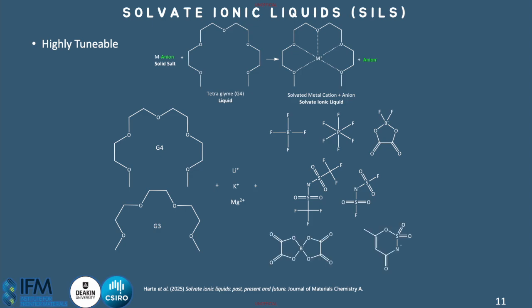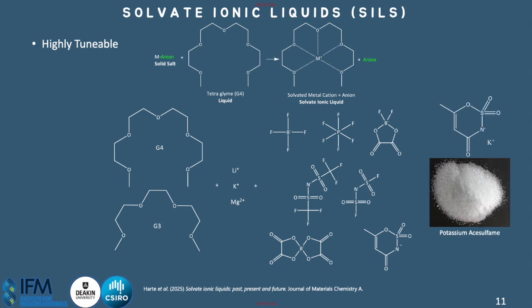Something to note with these systems, a limitation, is that there has been exploration into non-halogenated anions like bis(oxalato)borate or BOB, and the sulfame anion. A good example of this is potassium acesulfame.